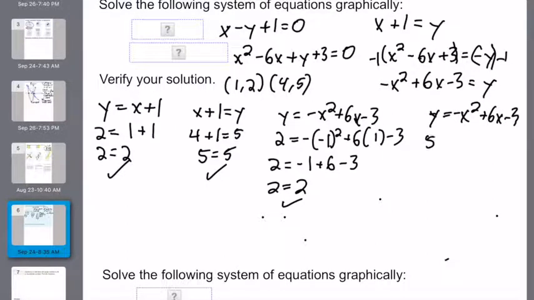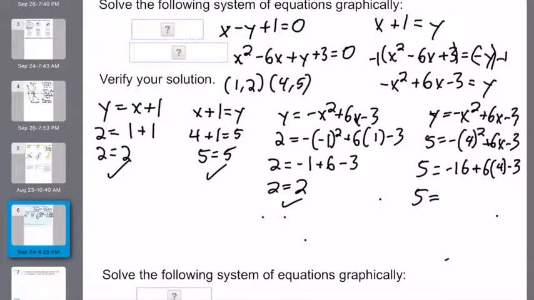And lastly, again, y equals negative x squared plus 6x minus 3. So I plug in my 5 for my y and my 4 for my x. Notice that 4 went in the brackets, not with the negative. That's important not to make that mistake. We end up with 5 equals, this is 4 squared, so 16, but then we have that negative. Plus 6, oh, I missed that 4 before. We'll get that in there now.